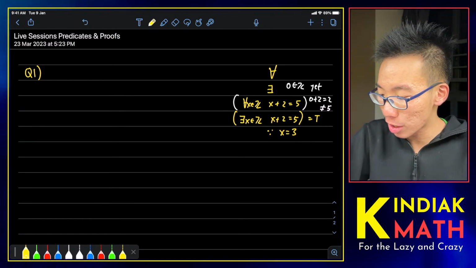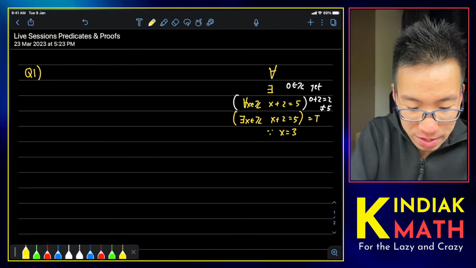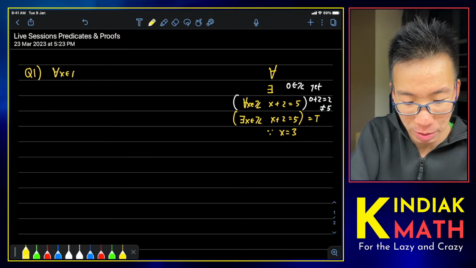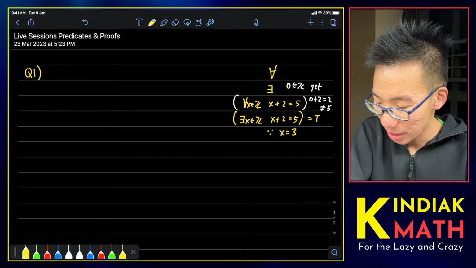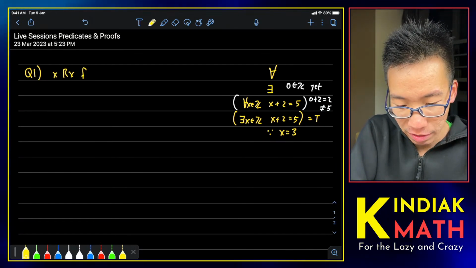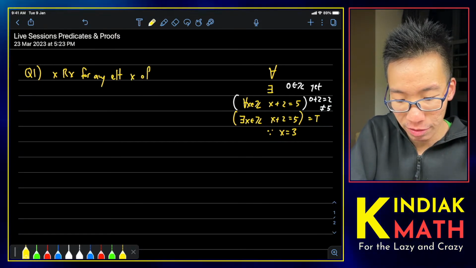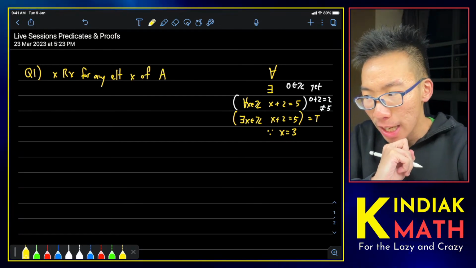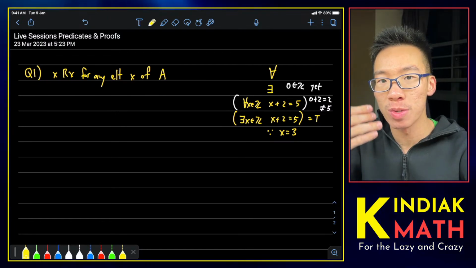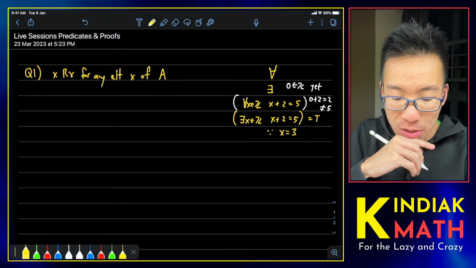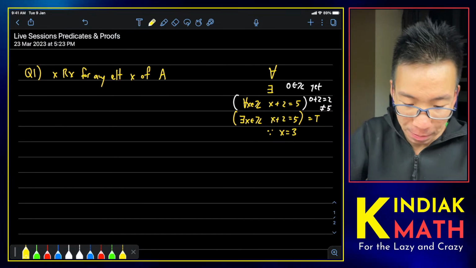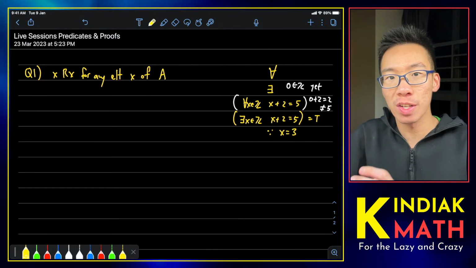So that's what we want to do today. We are going to consider these propositions: for any element x of A, x R x. And we want to represent this using symbols. The idea here is to first consider what we're talking about.